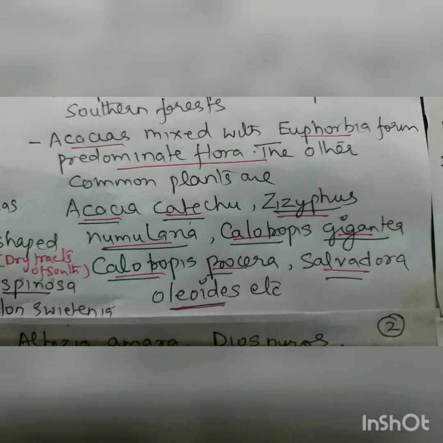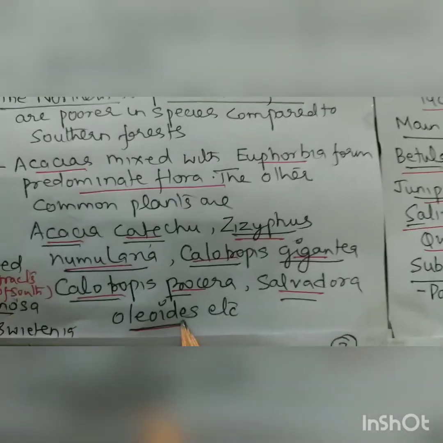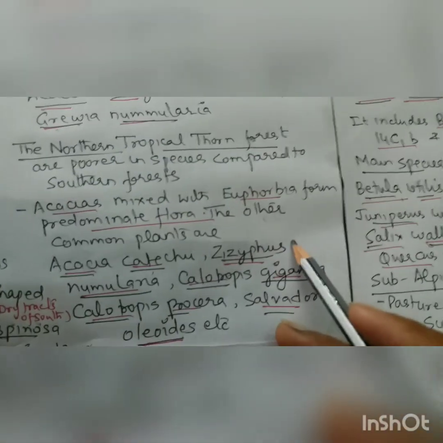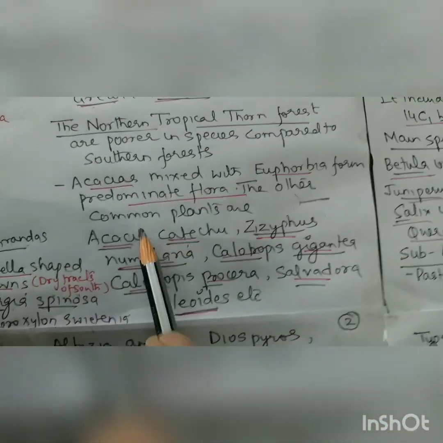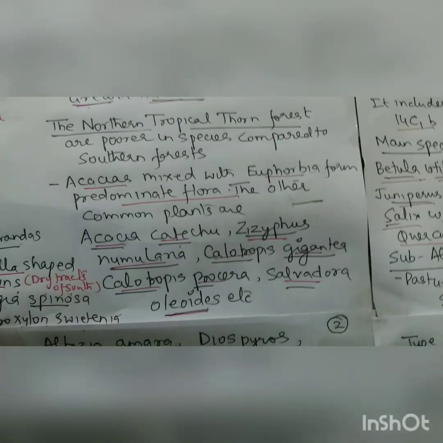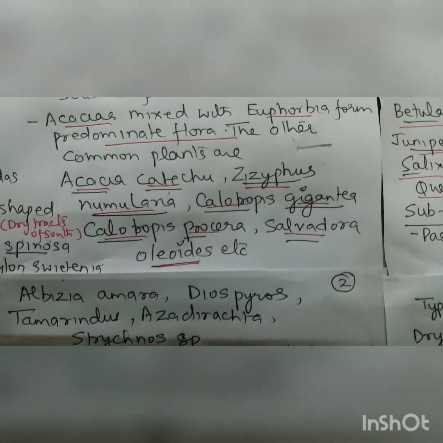Ziziphus nummularia, Calotropis gigantea, Calotropis procera, and Salvadora oleoides. So this northern forest has species, but they are not so rich. They are very poor in species, but the species present are Catechu, Ziziphus, Calotropis, two species, gigantea, procera, and Salvadora oleoides, right?